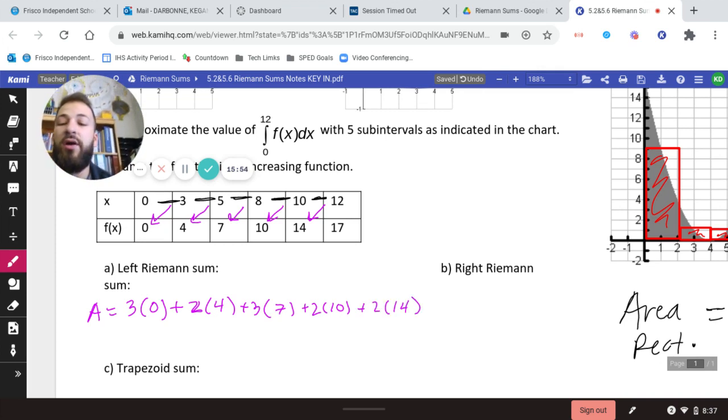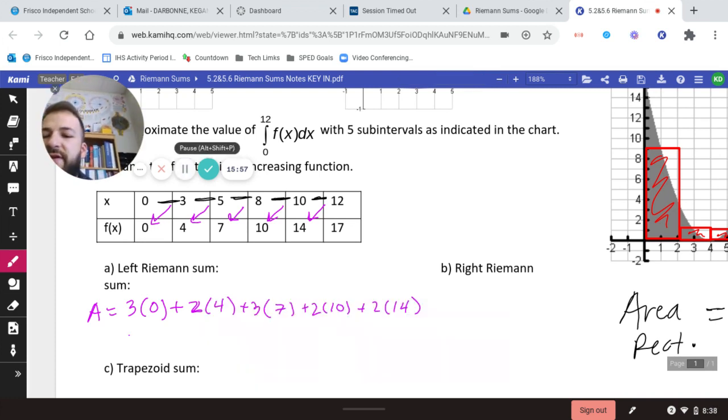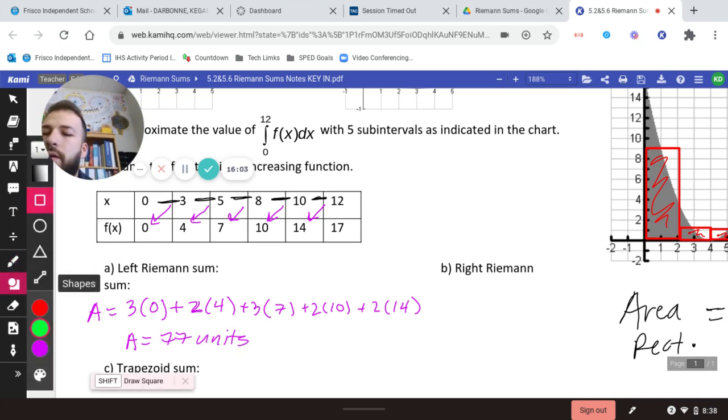And add that all the way up, and we do get 77 for our area. Once again, still want to be tossing in units so we don't forget about them.